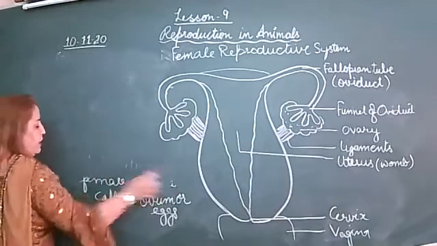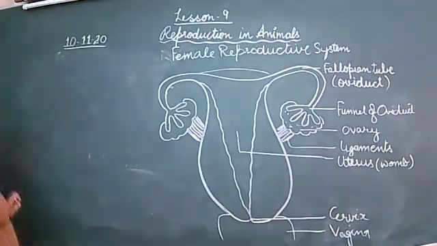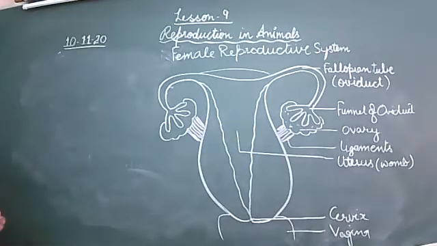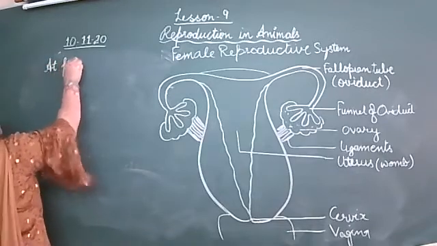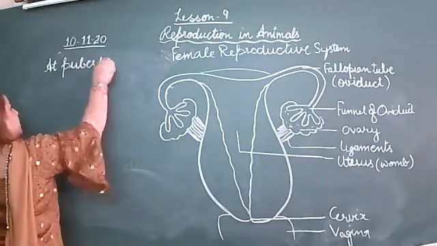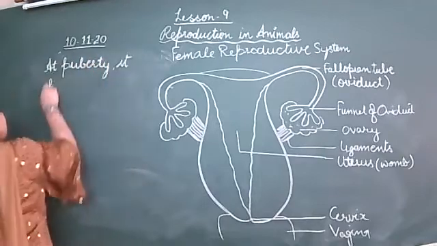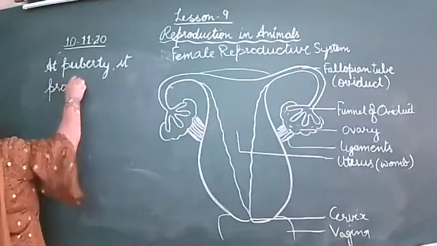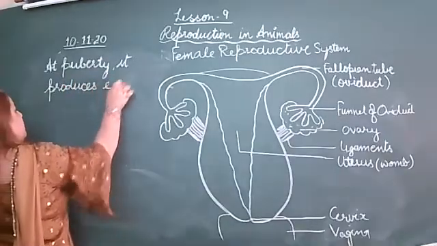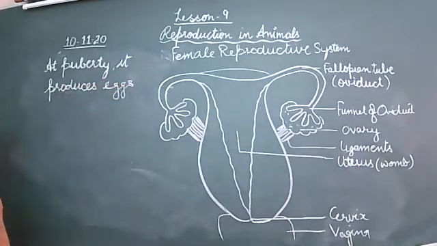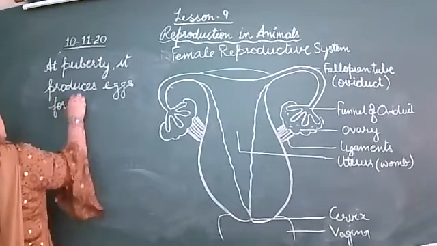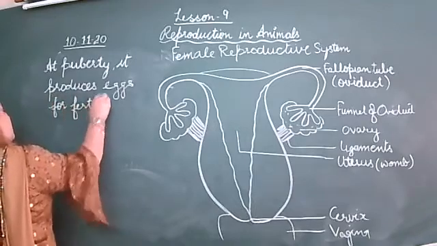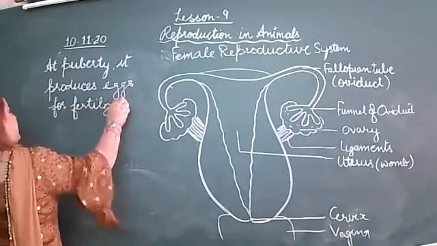At puberty, it produces eggs or ovum for fertilization.